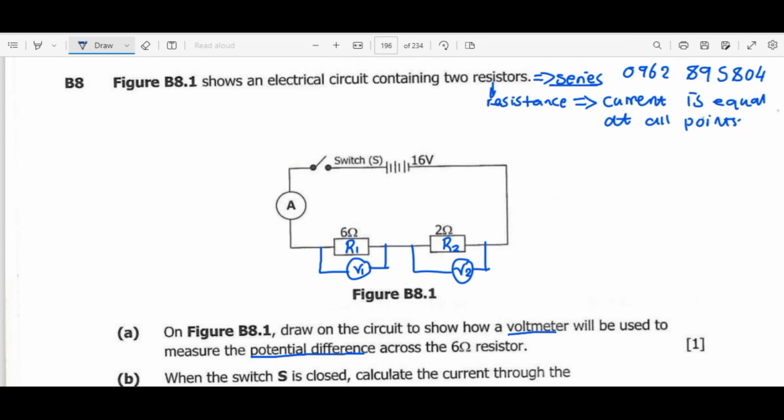So the first work that we can look at here is, we know that every circuit must have current, and current moves from the positive terminal toward the negative terminals. So this is the movement of current. Now for current to move, it requires energy. The energy that helps current to move is produced by the voltage.